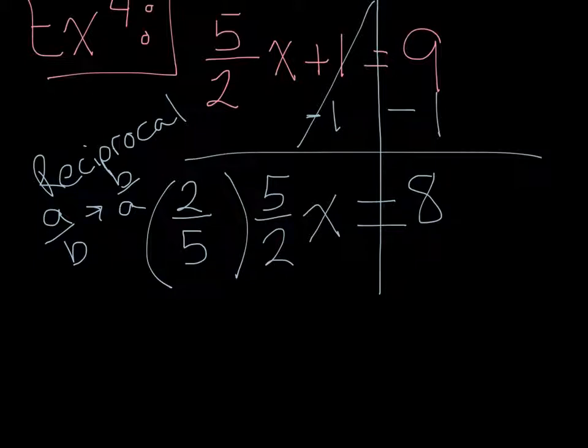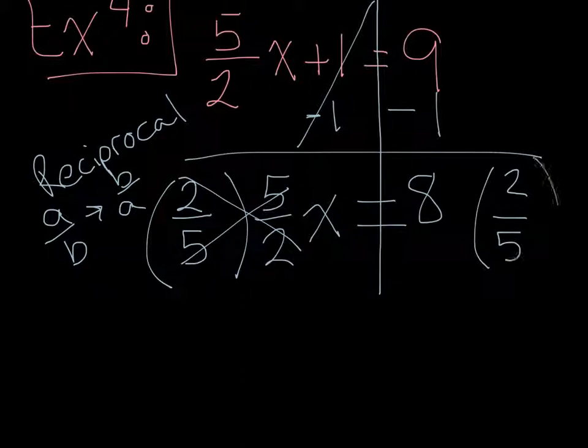Now what happens when you multiply a fraction by the reciprocal is it equals 1. Because if you notice here, if I multiply these, I end up with 10 over 10, which is equal to 1. So I've made my coefficient 1 in one step. What I do to one side, I've got to do to the other. So I'm also going to multiply this side by 2/5, the reciprocal.